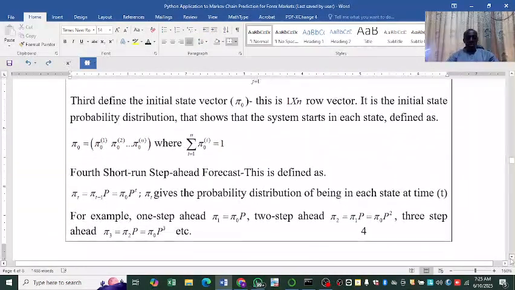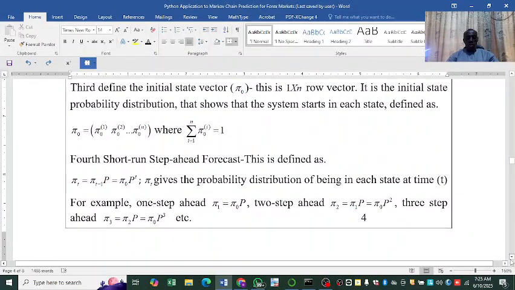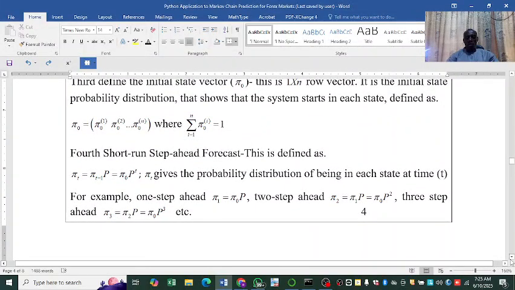If we do that, we determine the probability of transition in step 1. Then we multiply the initial vector by the square of the matrix, and that determines the probability of transition in step 2. It continues like that until we get to step n.